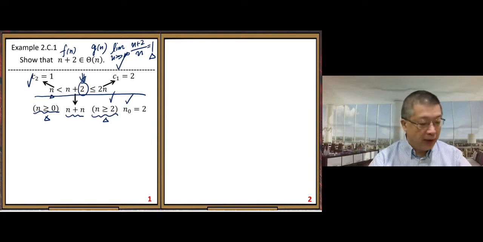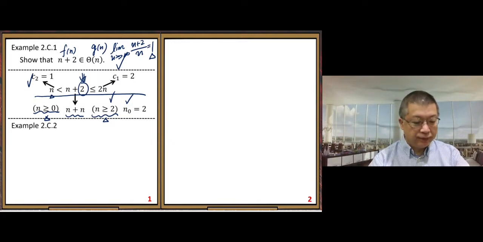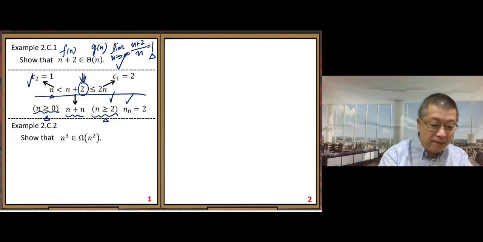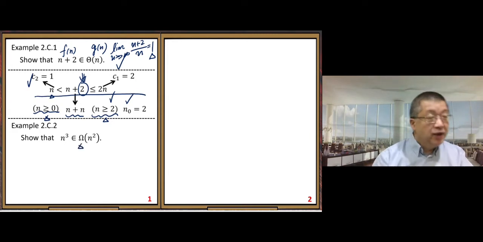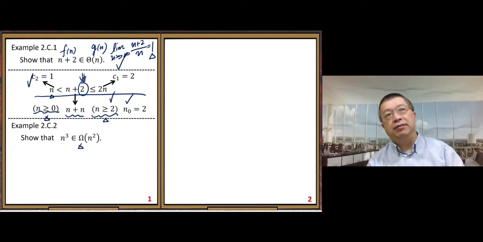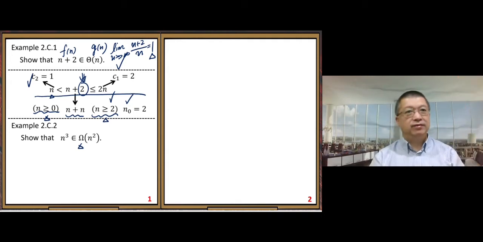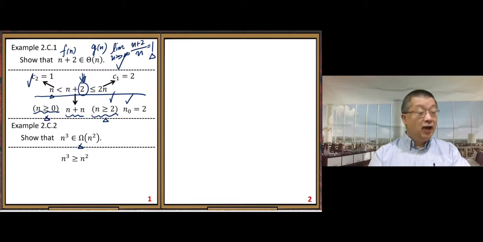All right, the next example. Prove n cubed belongs to big omega of n squared, this time big omega. You only do the lower bound side.